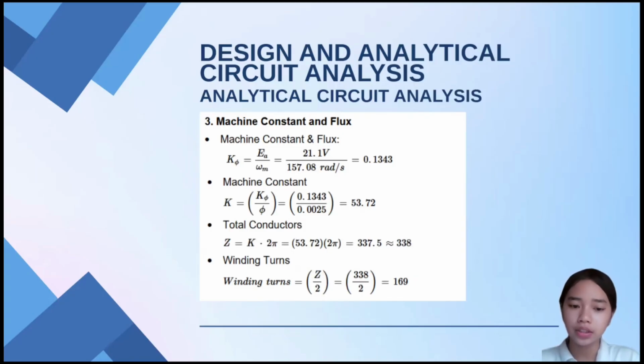So if we rearrange the values, we would get Z equals K times 2 pi. And if we enter the values of K and 2 pi, we'd get 337.5, but because there aren't any decimals for conductors, I rounded it up to 338. For the winding turns, we just simply divide the total conductors by 2 and we get 169.